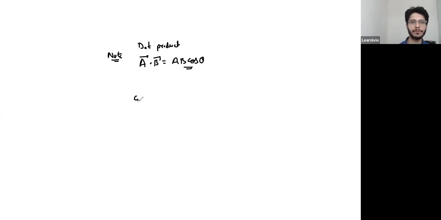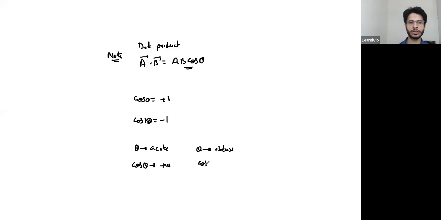I will also use some basic trigonometry, like cos 0 is plus 1. You should remember that cos 180 is minus 1. If theta is an acute angle, then your cos theta is positive. If your theta is an obtuse angle, then your cos theta will be negative.